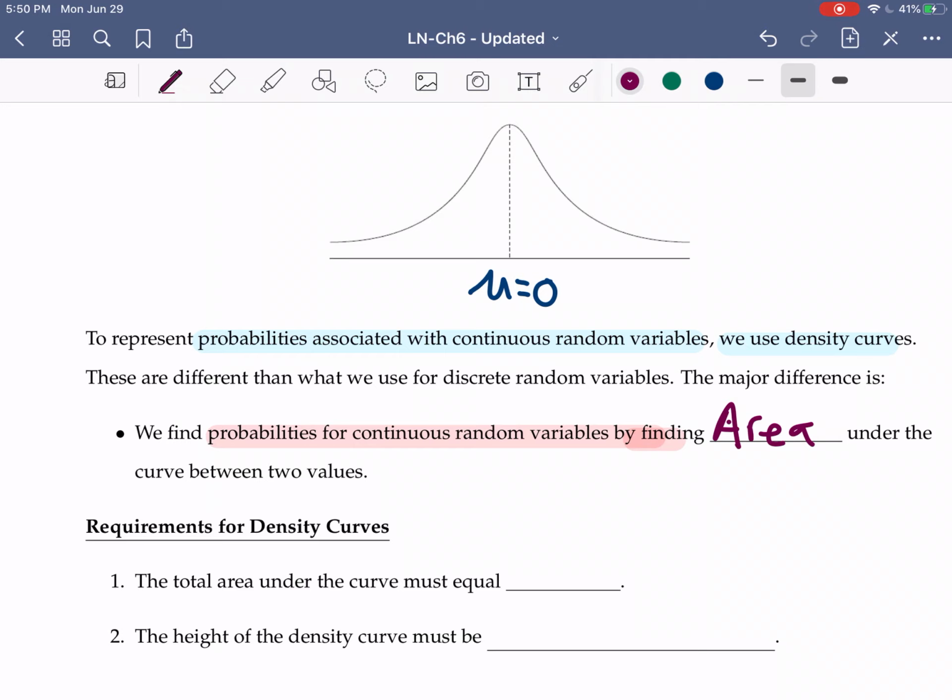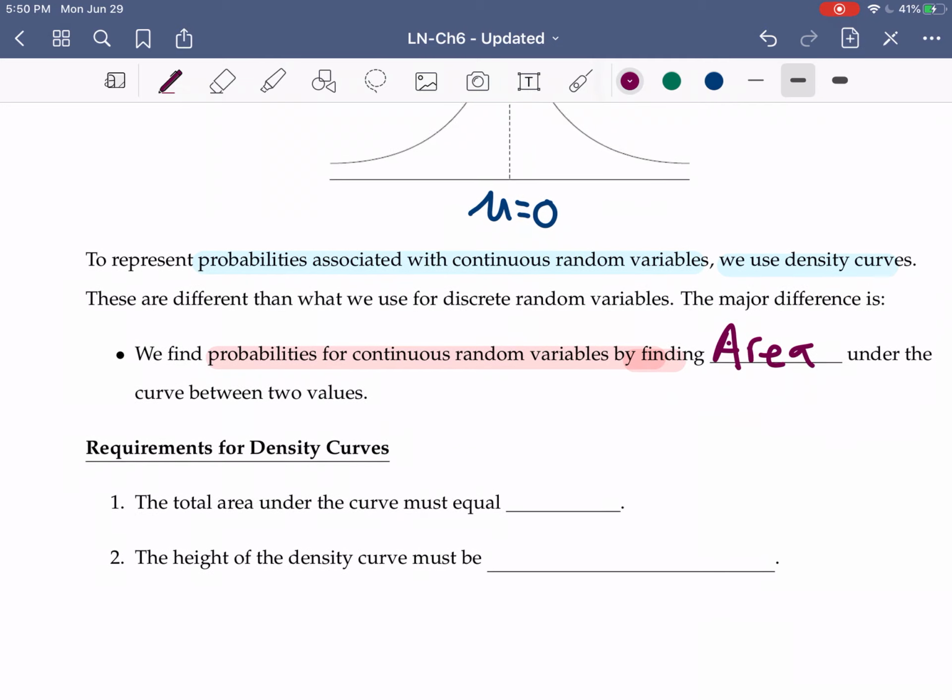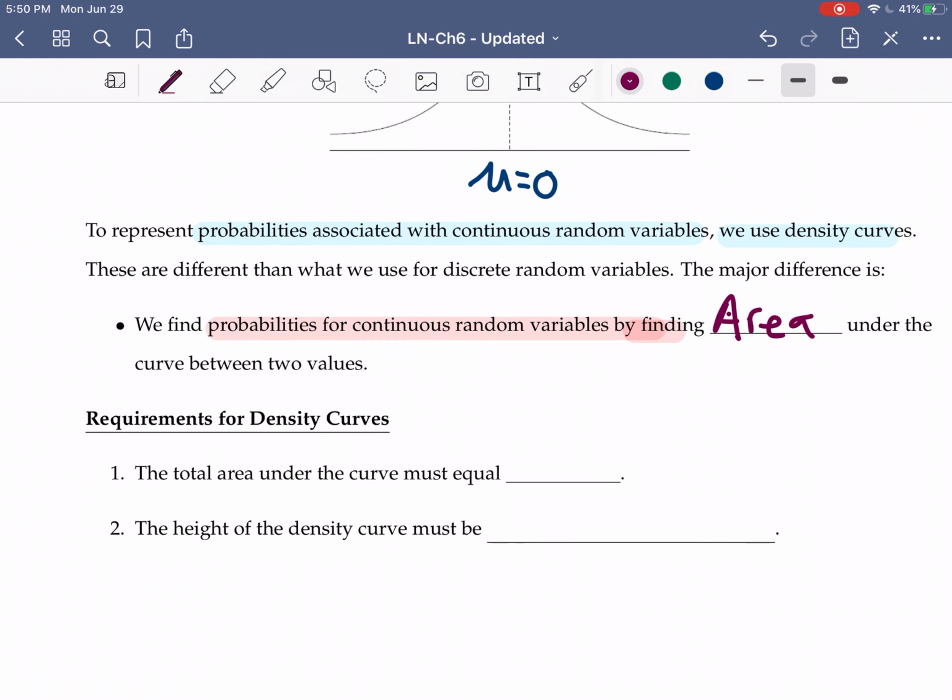But let's think about what we know about probabilities. If we were to add up all of the probabilities of everything that could possibly happen, that should add up to 1. And so the total area under a density curve must equal 1. So that's one thing that must happen.